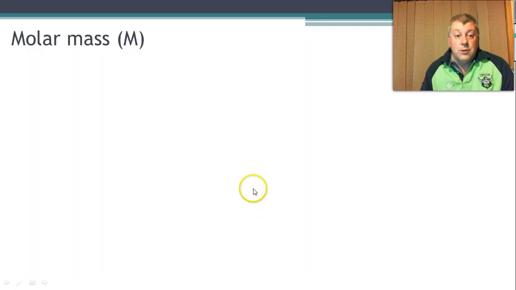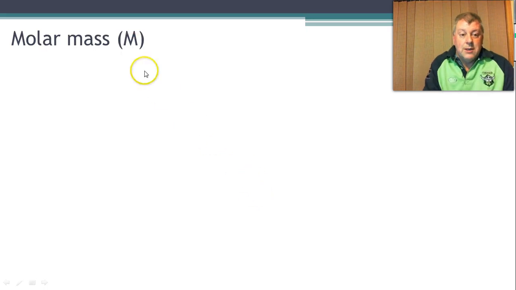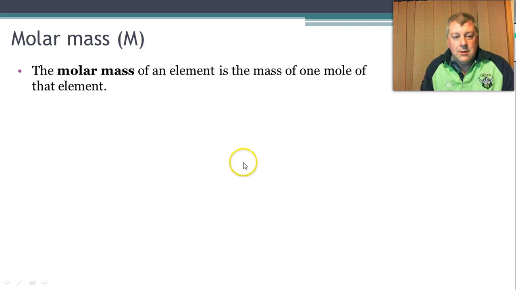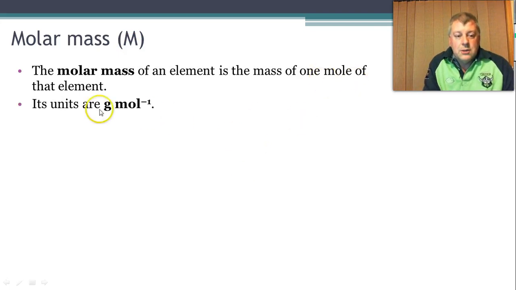So the term that we're going to use now is the molar mass, sometimes given the capital M in chemistry equations. Now the molar mass of an element is the mass of 1 mole of that element, and its units are grams per mole, the -1 meaning per mole.